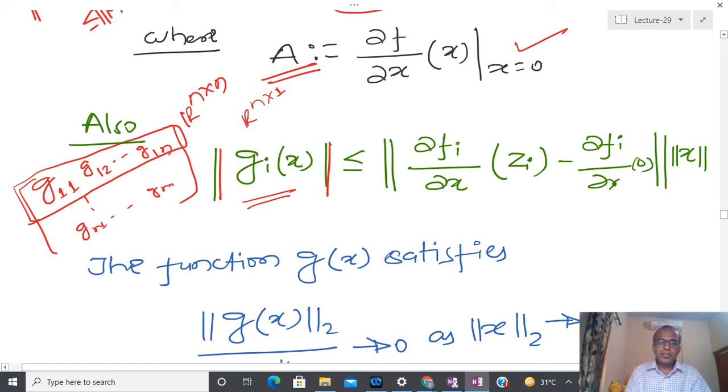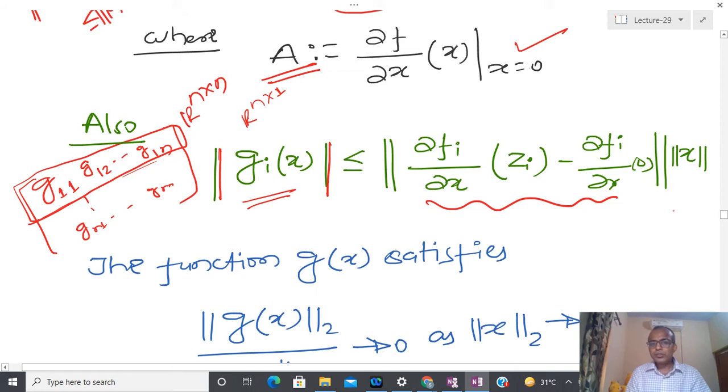Because if you are assuming that this is a column vector, then this symbol represents the absolute value, but if you write the norm, things become more transparent. Now I can interpret this: g_i is less than some quantity like this times mod x.